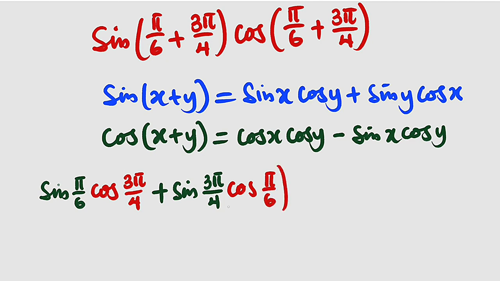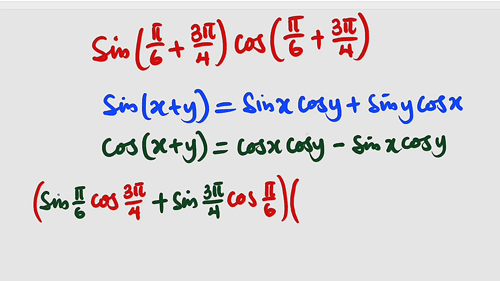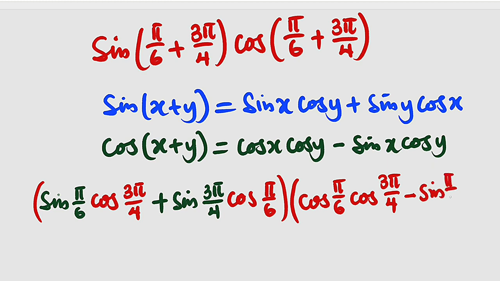Then we have to multiply the whole of this by the cosine identity. For cosine, we take cosine of the first multiplied by cosine of the second angle: cosine of pi divided by 6 multiplied by cosine of 3 pi divided by 4. Then we subtract sine of pi divided by 6 multiplied by sine of 3 pi divided by 4.